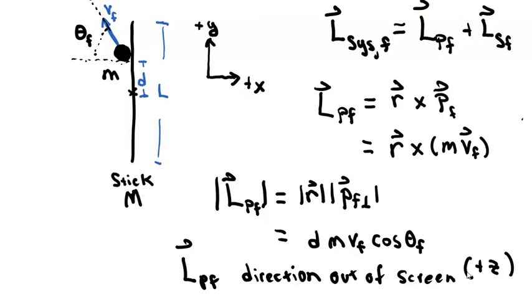We assume that the puck's total final angular momentum is all translational, and we compute the appropriate cross product here to find both the magnitude and direction. Notice here the puck's final angular momentum is pointed in the positive z direction when the angle theta sub f is less than pi over 2 radians as shown here.